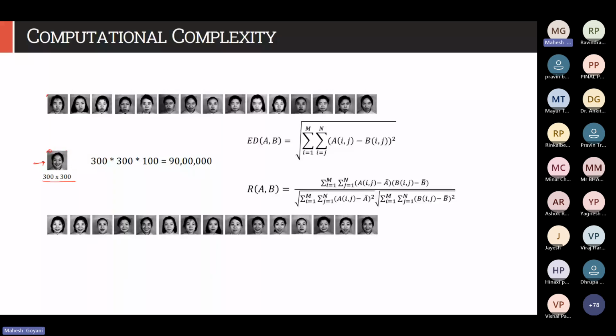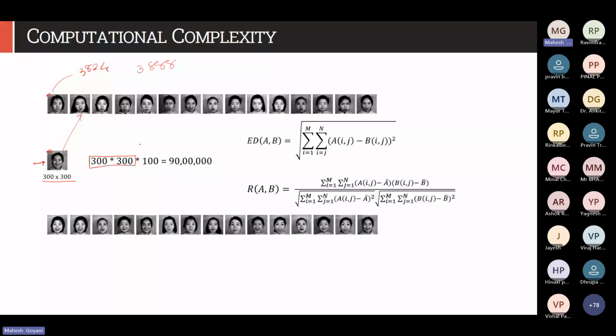In general, for one image, I have to do 300 into 300, that is 90,000 comparisons, and I will get some similarity or dissimilarity measure, suppose 3,8,2,4, whatever it is. That is the difference between these two images. Then I'll compute it with the second image, which again will incur some similarity or dissimilarity measure, maybe 388, and so on. So if there are 100 employees, I have to repeat that procedure 100 times.